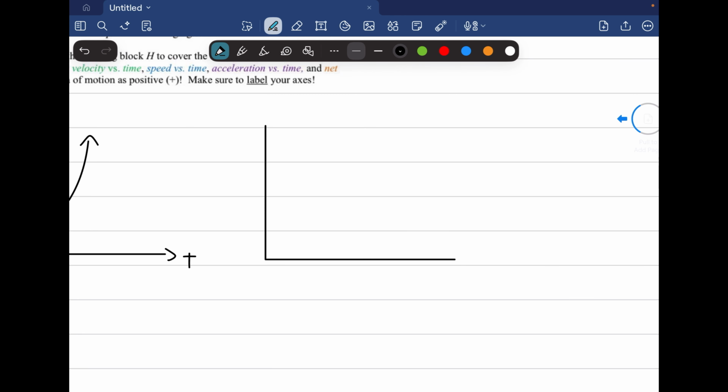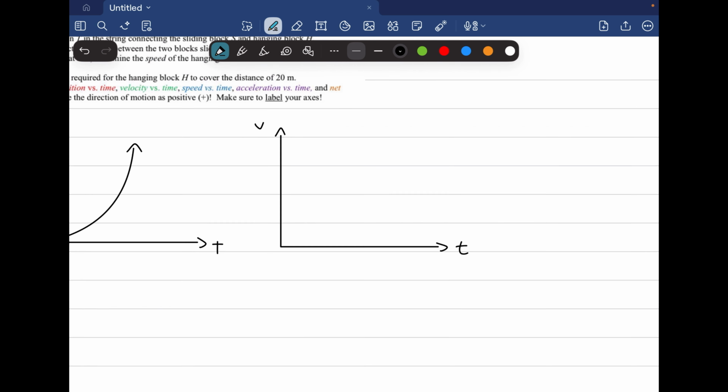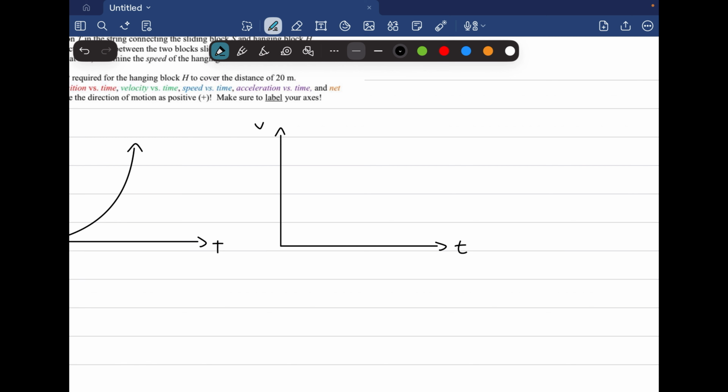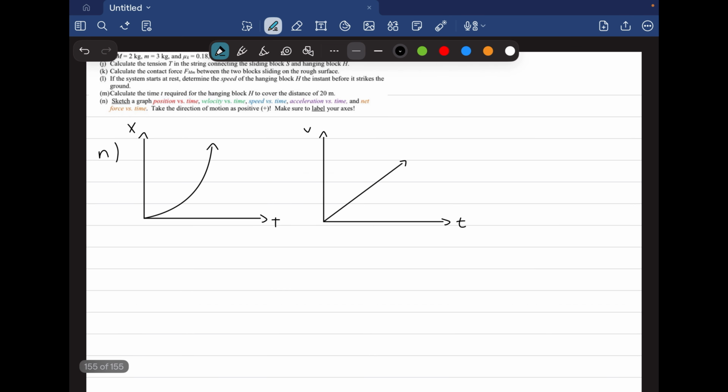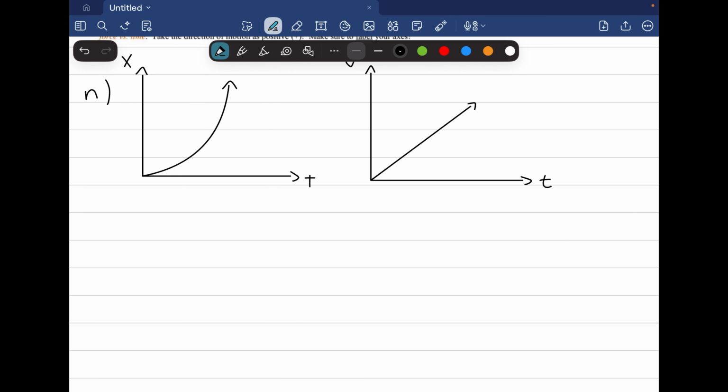The next is velocity time graph, right? So time t and then velocity. So your a is constant, so your v is a positive constant. So your v has to be increasing starting from rest. Next is your speed versus time. So s for speed and then t.